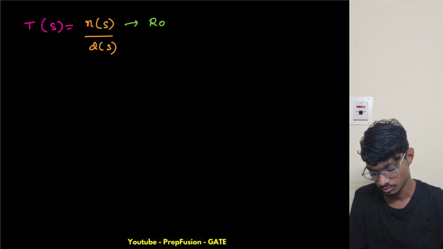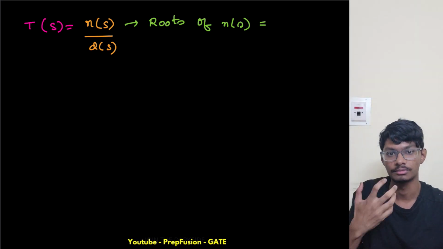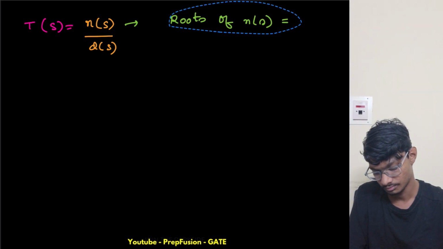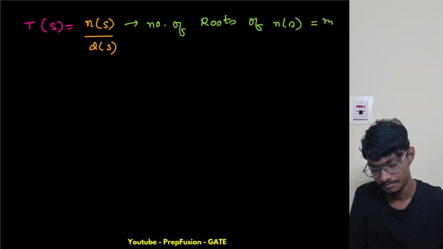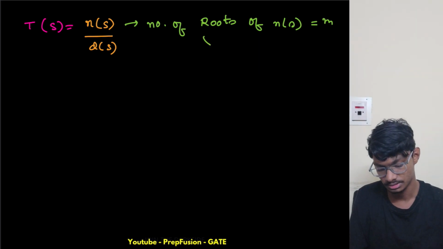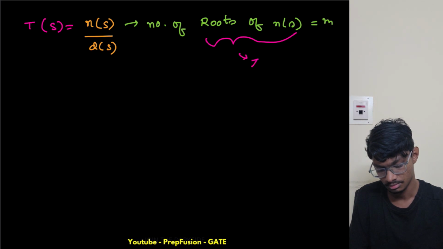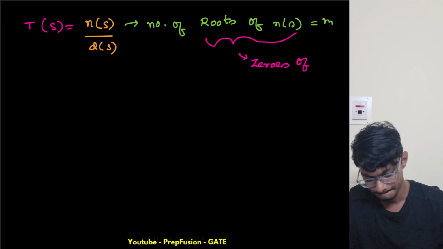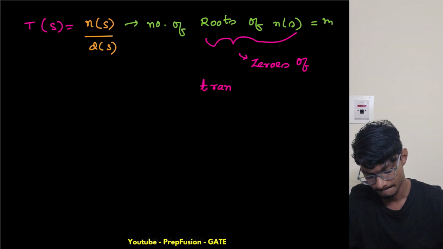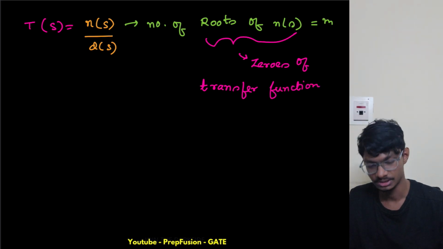So, roots of N(s), let me write this, the number of roots, m, and the roots are known as zeros of the transfer function.